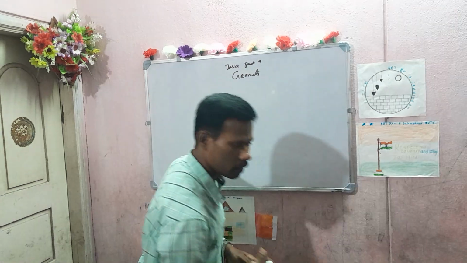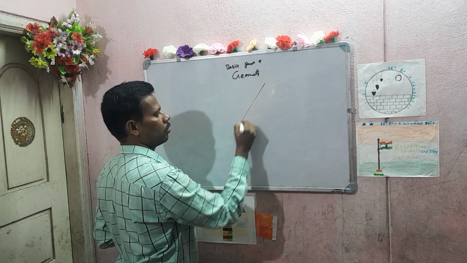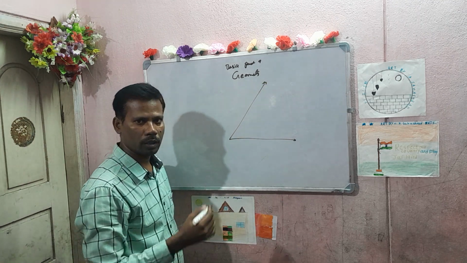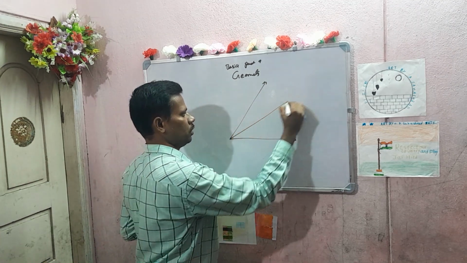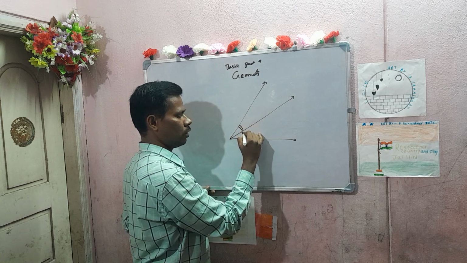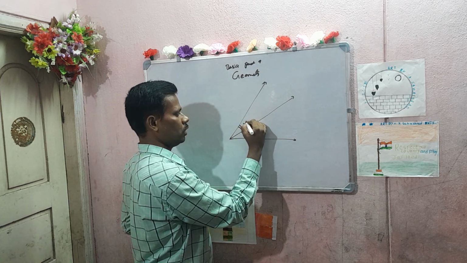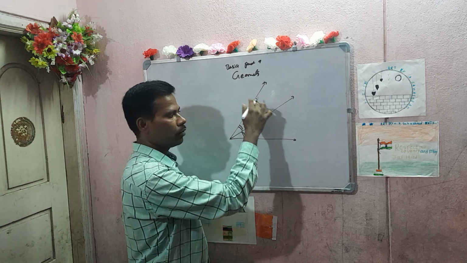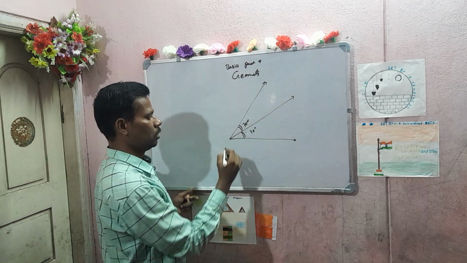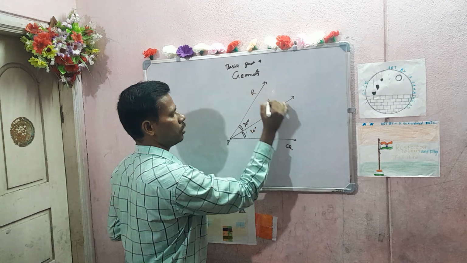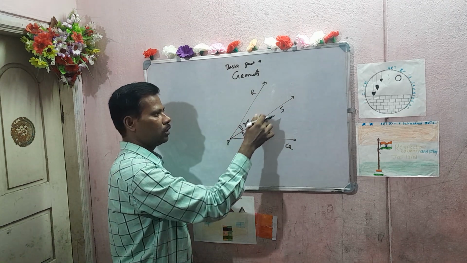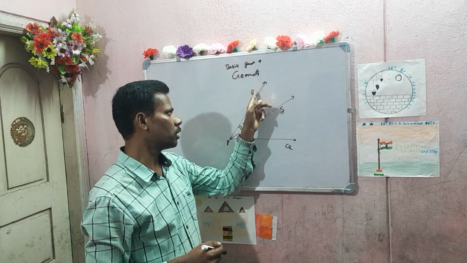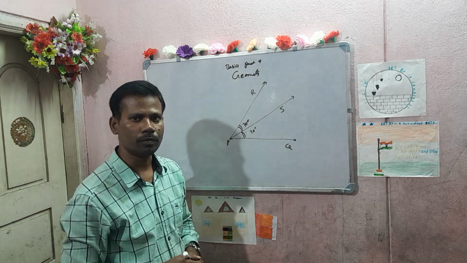Bisector of an angle. Once again I am explaining bisector. So many problems we have discussed. What does bisector mean? Dividing the angle into 2 equal parts. So it is 30 degrees, 30 degrees. A ray which divides an angle into 2 equal parts. This is PQR. Yes, PS is a ray. That ray is dividing the angle into 2 equal parts. So PS is the bisector of angle RPQ.